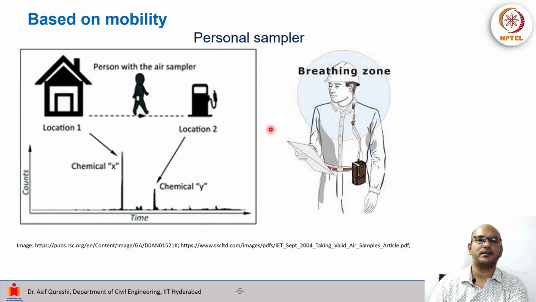The other thing is a personal sampler. Now, since often we are interested in the exposure of a person, the person is actually not staying in one place. The person may be at home, the person may go to a workspace or a school or even an outdoor space.